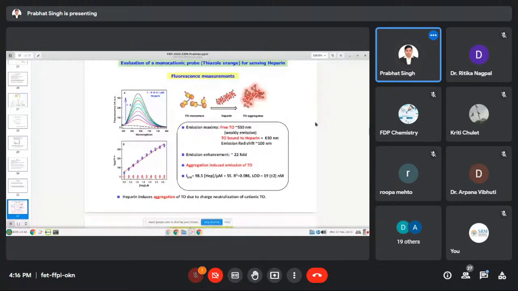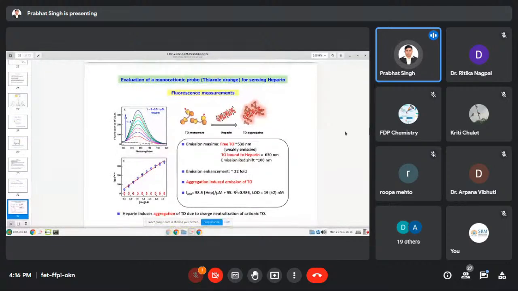Yeah, so there are a few other probe molecules. What happened when we were struggling with the serum matrix? First of all, we thought maybe this particular dye has an issue in responding to the serum. Maybe if we take some other chromophore with the same features. This is a thiazole probe.